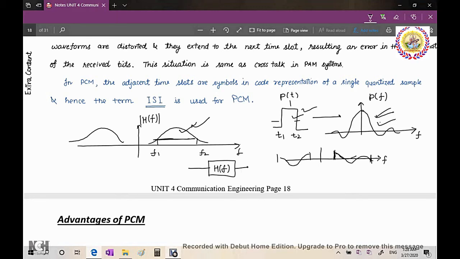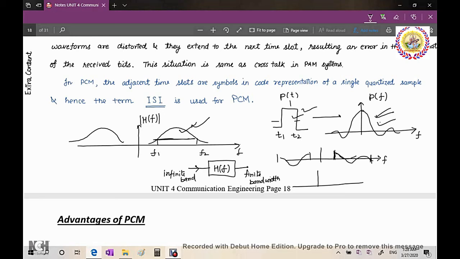The incoming signal from this side, the left hand side, is infinite band, and what you are getting here is a finite bandwidth signal. So when you receive a finite bandwidth signal at the receiving end, and you convert it into the time domain, what will happen?